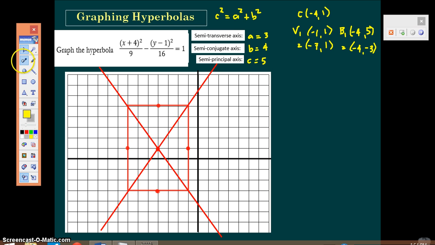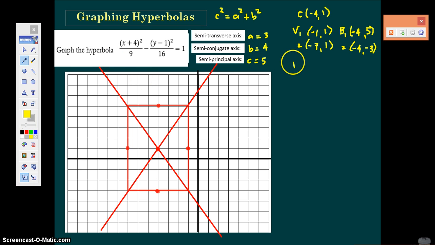And now, to get the coordinates of the foci, F1 and F2. Since this is horizontal, the foci are also horizontal, along the principal axis, which is this horizontal line. And they are 5 units away from the center. The center is negative 4, 1, so we have the same y coordinate, 1.